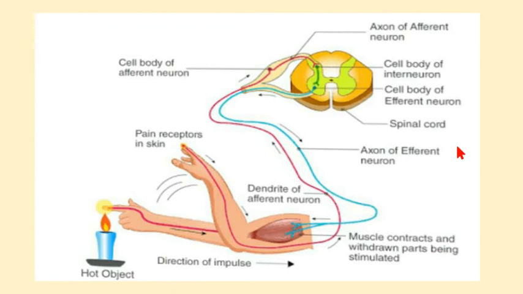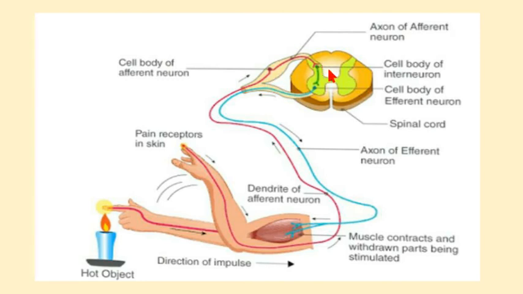Now let's see the example of reflex action. Suppose somebody touches a hot object, so sensory receptors in the skin get stimulated and transmit that nerve impulse. You see the red one shows the transmission of the sensory neuron nerve impulse. So it is transmitted to the spinal cord. It moves by means of the dorsal root.